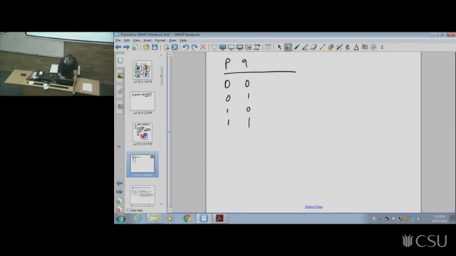So we have different key logical operators. Let's do P and Q to begin with. There's nothing wrong with writing that down.